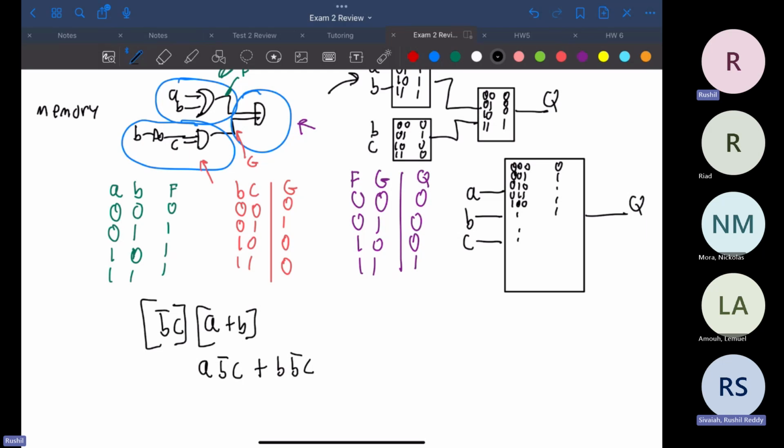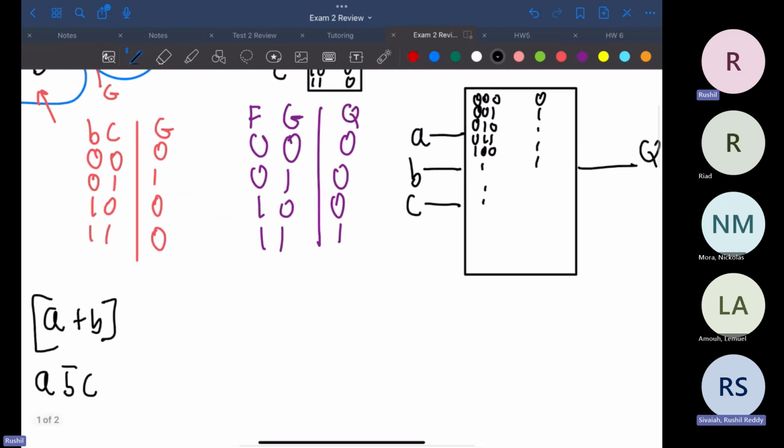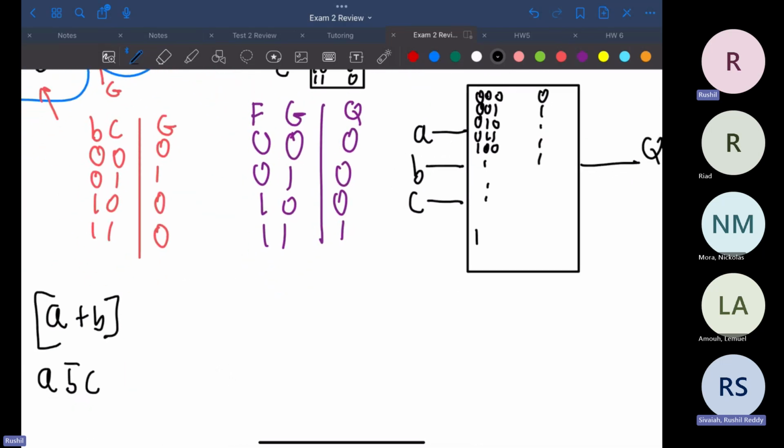That's not possible, so technically that's your answer. If you want to do this, let's say right here it's 1 0 1, you'd put a 1 here and the rest would be 0. And then 0 0 1.